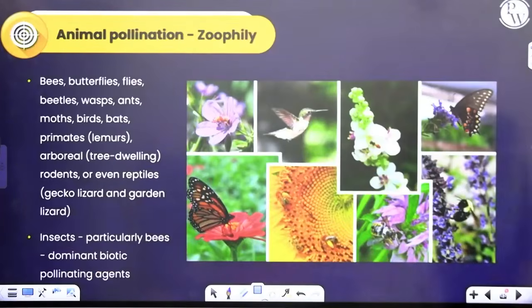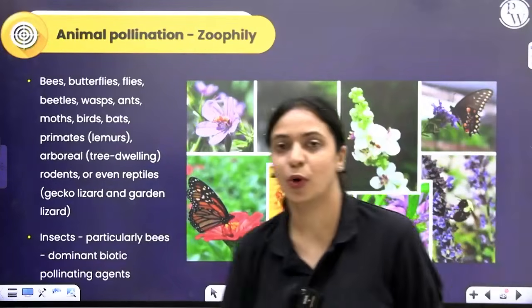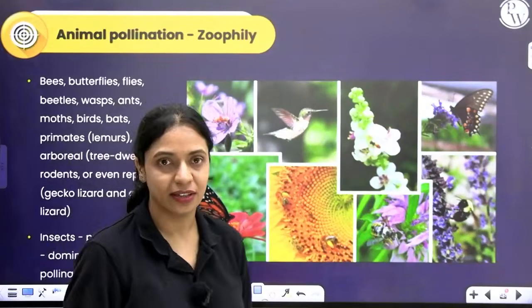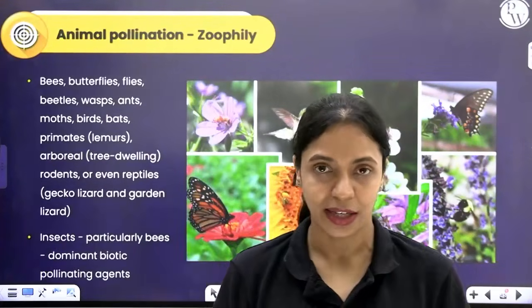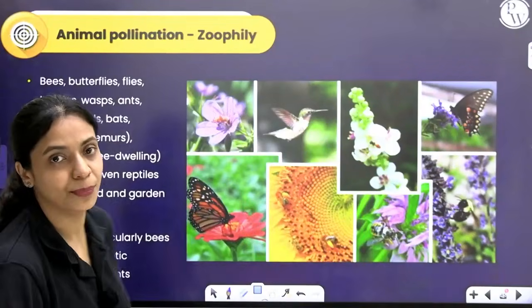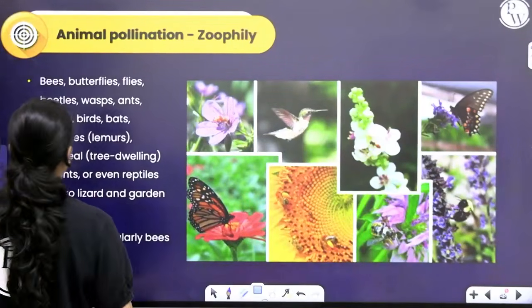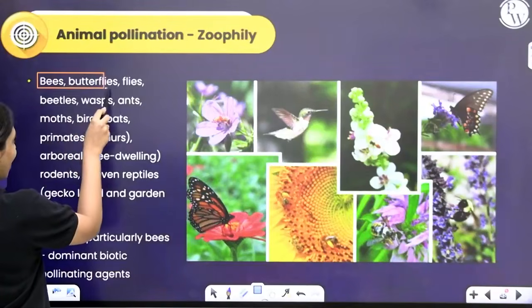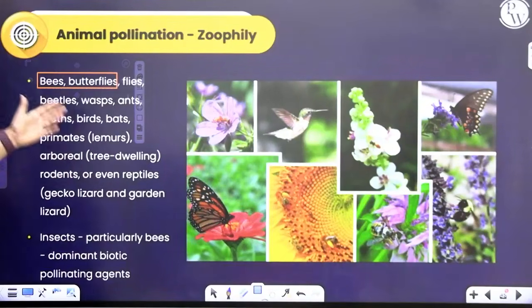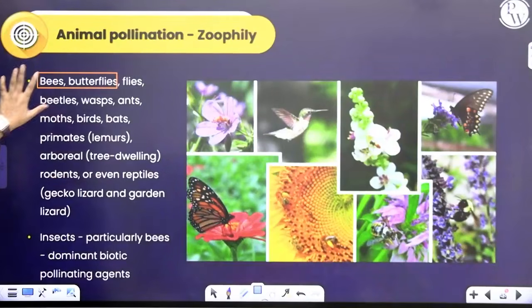Now let's talk about animal pollination, which is also called zoophily. Generally, when we talk about animal pollinators, we think about insects like bees and butterflies. But there are many groups of animals that bring about pollination in nature. Of course, what we know about commonly are bees and butterflies, flies also, beetles, wasps, ants, moths. These are common insects.